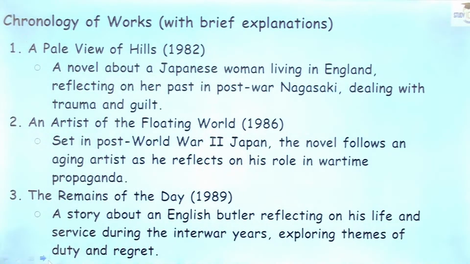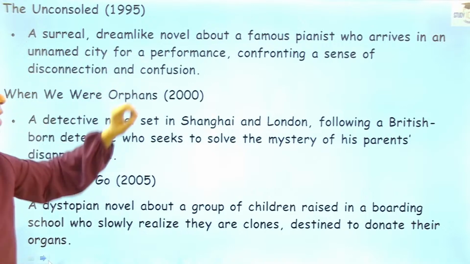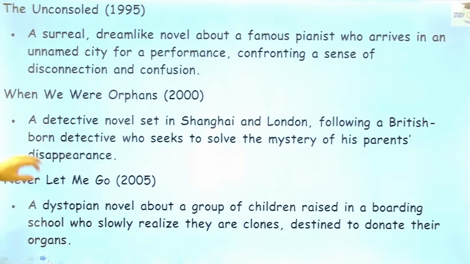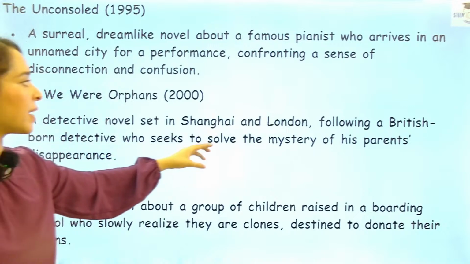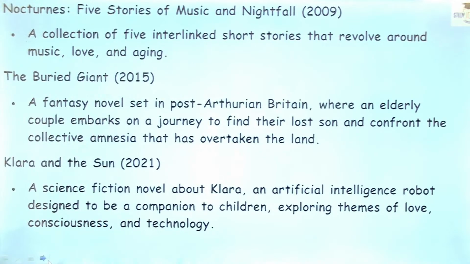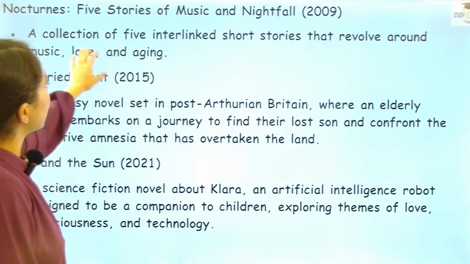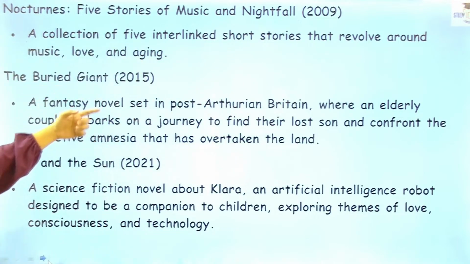Next you have is The Unconsoled, 1995. It's a surreal, dream-like novel about a famous pianist. When We Were Orphans, 2000, a detective novel set in Shanghai and London. Never Let Me Go, 2005. It's a dystopian novel about a group of children. Okay, Never Let Me Go. Next you have is Nocturnes, five stories of music and nightfall. It's a collection of five interlinked short stories. The Buried Giant, 2015.